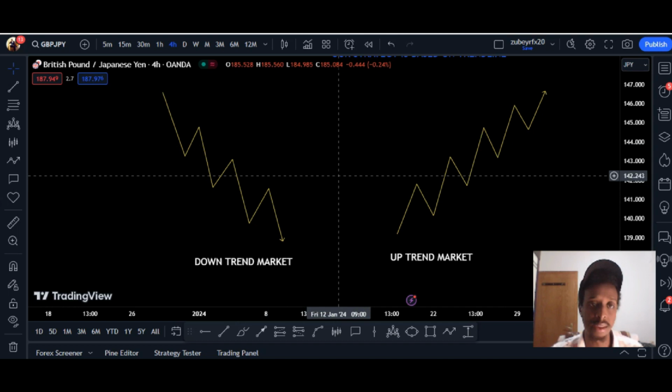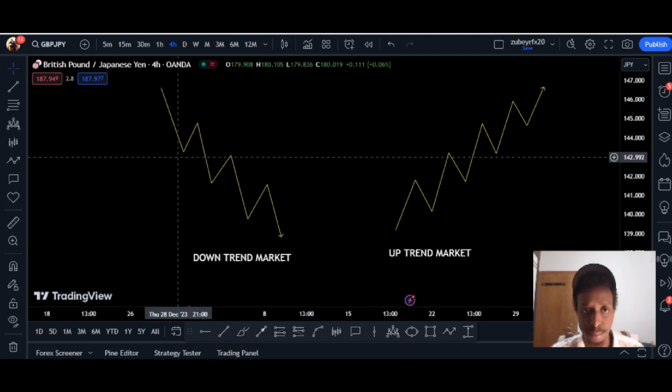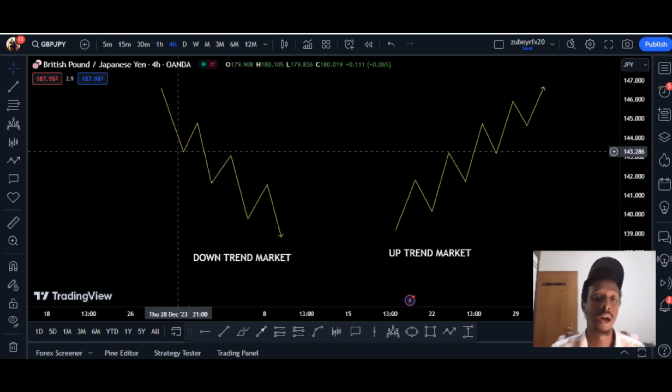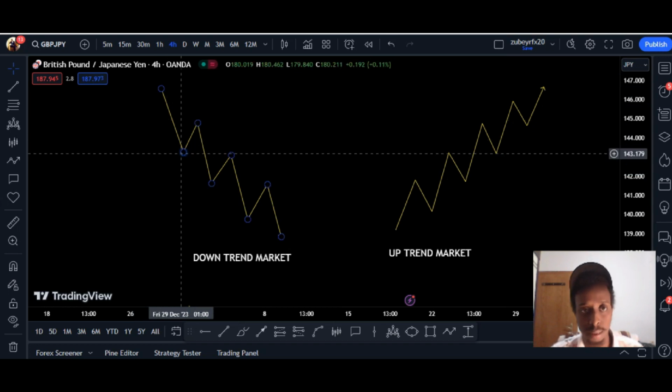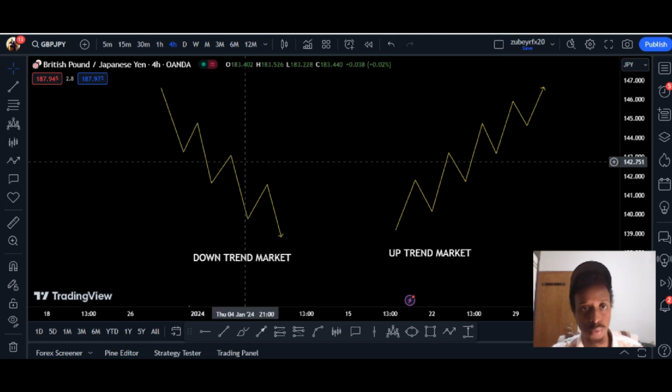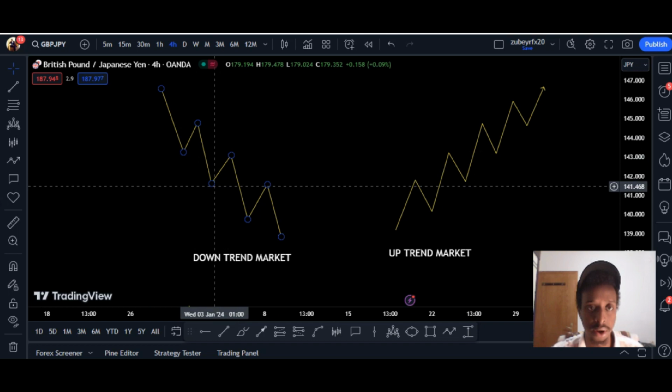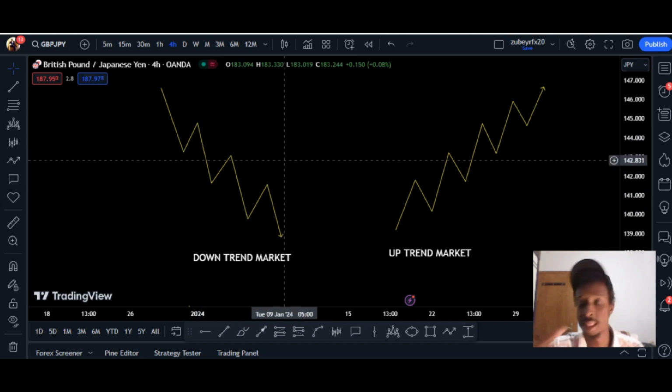Every time the market moves, it forms a lower low. You can see a move, an impulse, another move, and it forms a lower low here. This is how the market forms a downtrend.